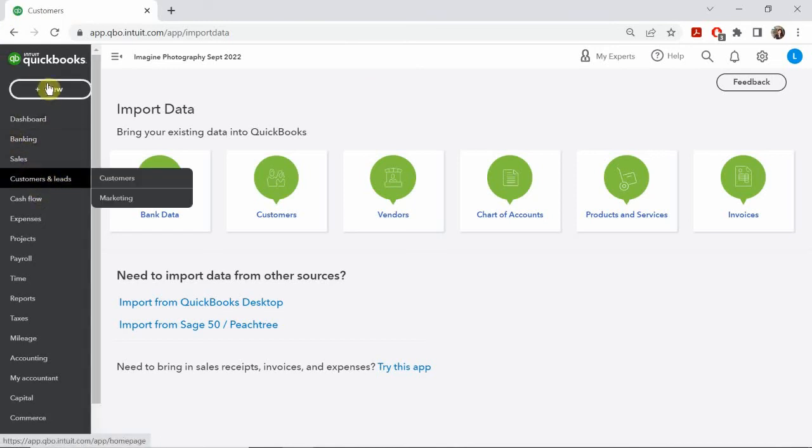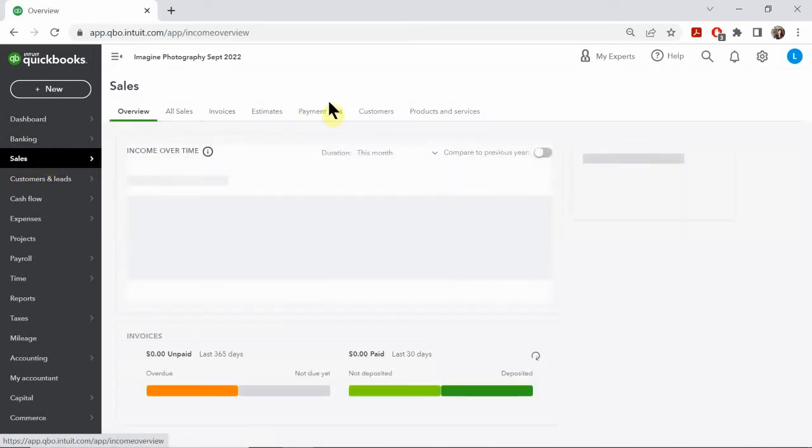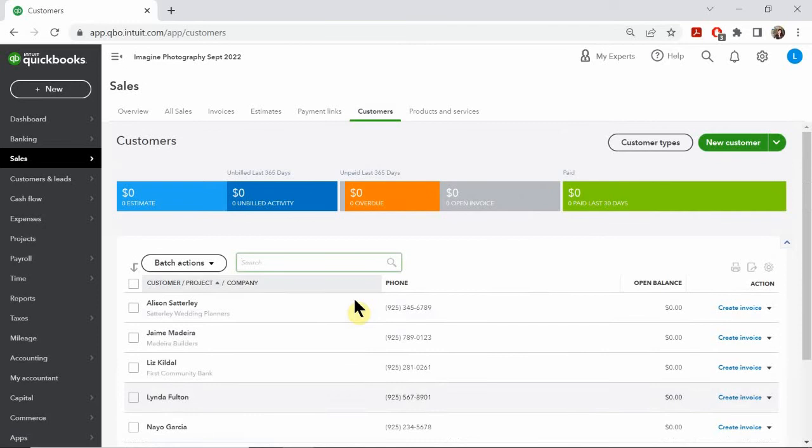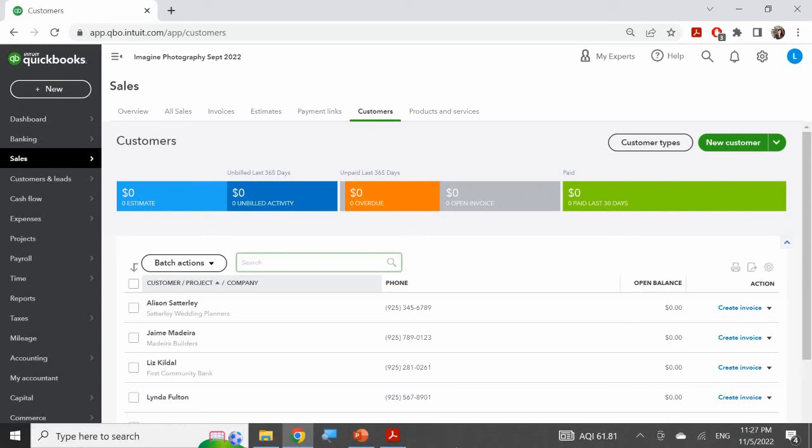Once again, I'm going to go to sales and click on customers. Now this is our customer center. It looks identical to your vendors center, but the only difference is that now this is money that you're collecting from your customers. Who owes you money? How many invoices are past due?